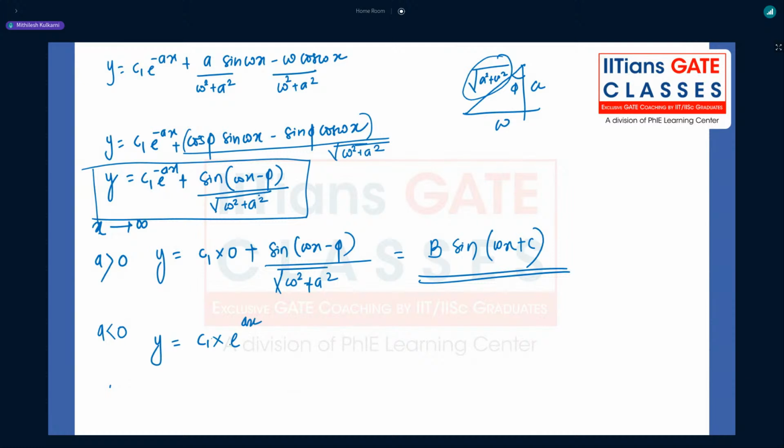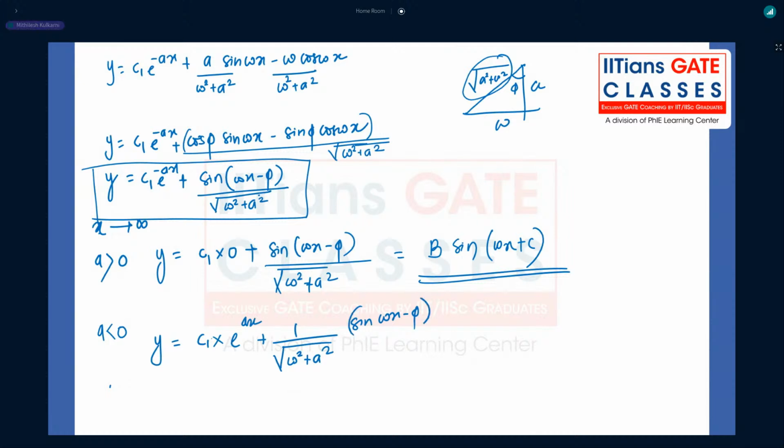As of now, I'll write it as e to the power ax, because a is negative and minus minus will become plus, plus omega 1 divided by under root of omega square plus a square, sine of omega x minus phi.